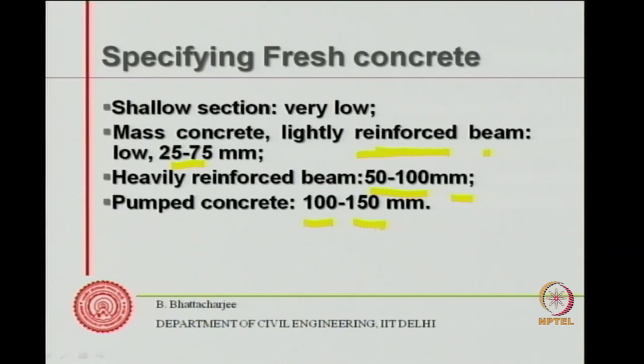So these are given in code. For example, the Indian standard code is IS 456 2000, and these are specified in such code. Alright, so this is how we specify the properties of fresh concrete.